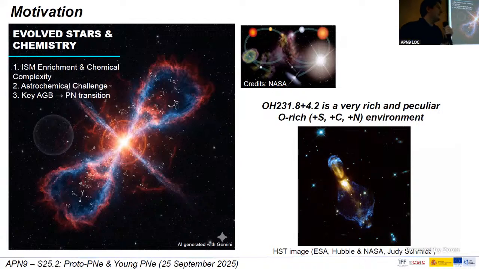They are also important because of the impact they have on interstellar medium enrichment and the growth of chemical complexity. Also, they are fun, because from the circumstellar chemistry perspective, they are an astrochemical challenge. In particular, this object, OH 231, is probably key in the AGB to post-AGB transition.